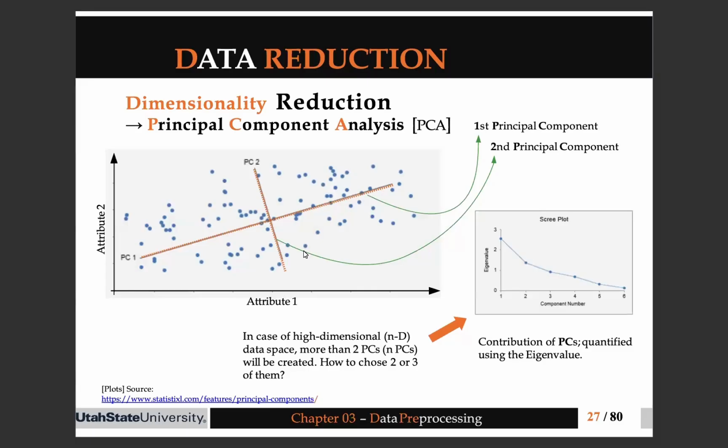In fact, the first principal component vector will always be the vector with the highest variance, where the data is going to be projected.